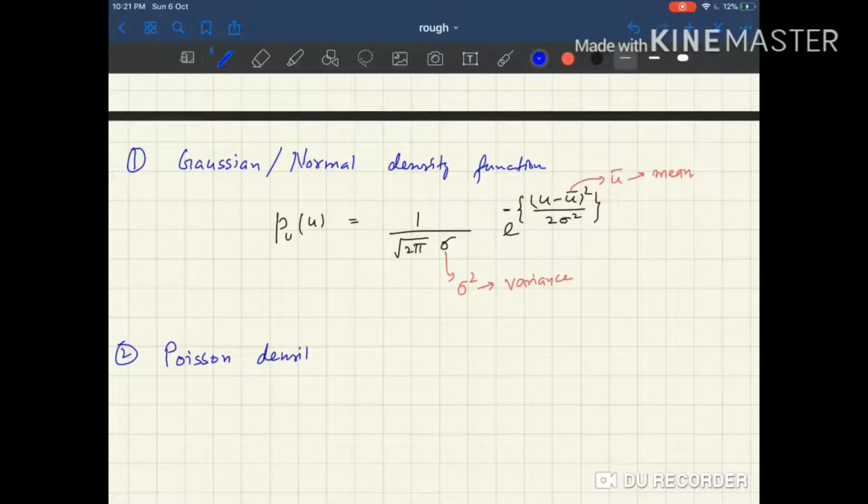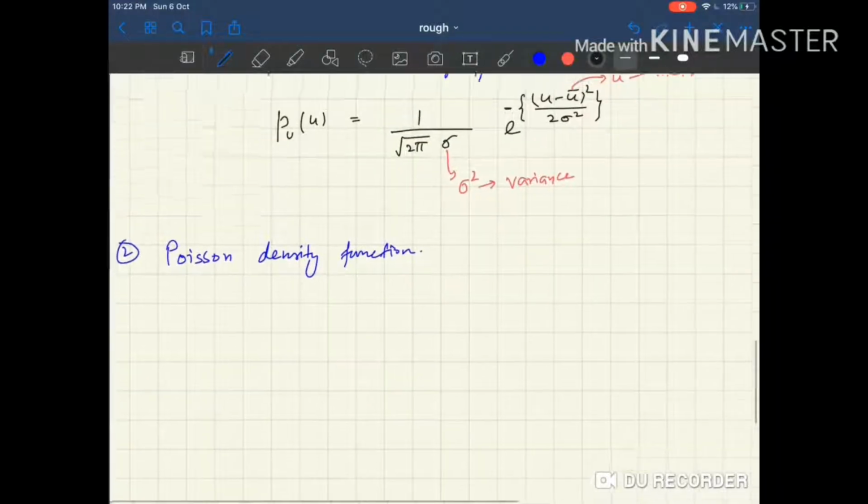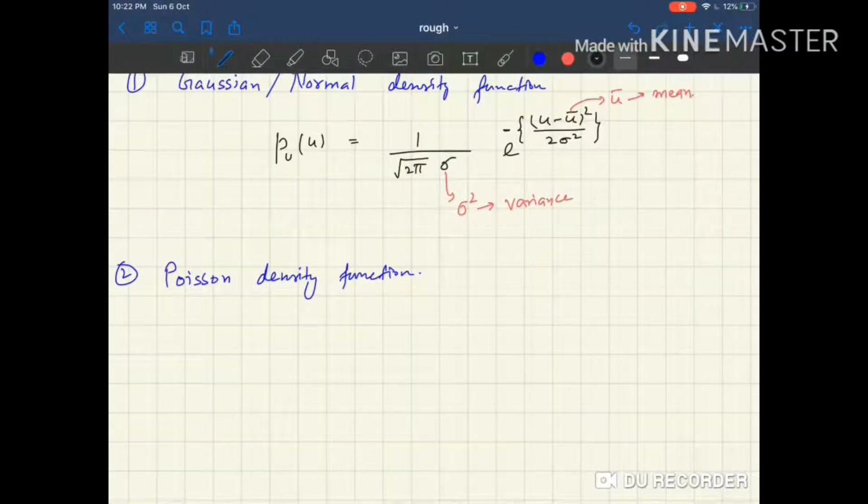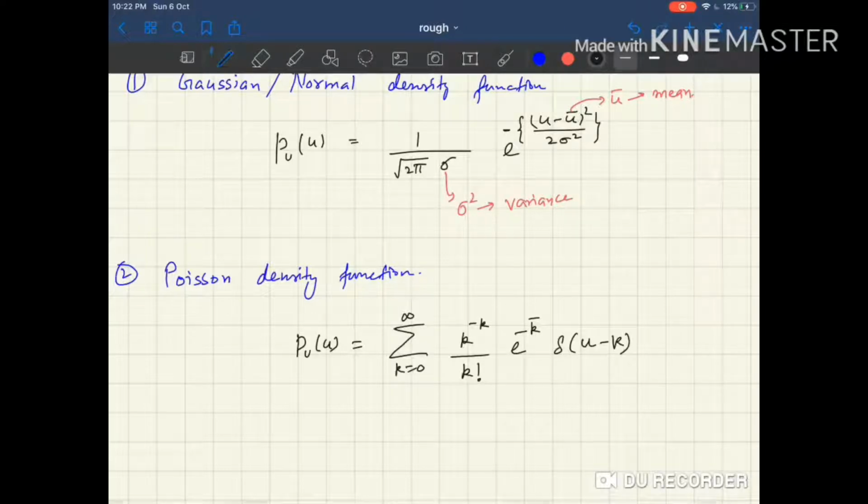The other one, which is very useful, is the Poisson density function. This Poisson is basically a discrete form of density function: the sum over k equals 0 to infinity of k bar to the power k divided by k factorial, times exponential of minus k bar, and delta(u minus k).